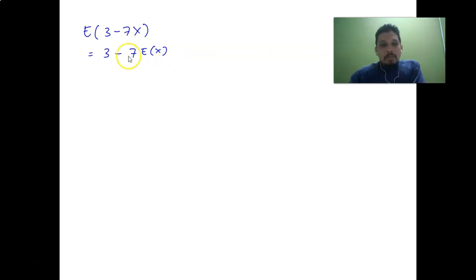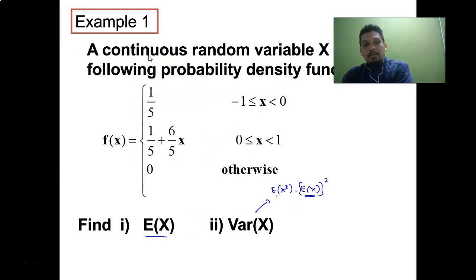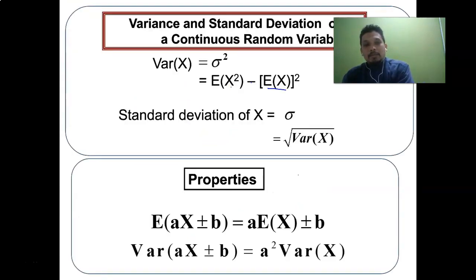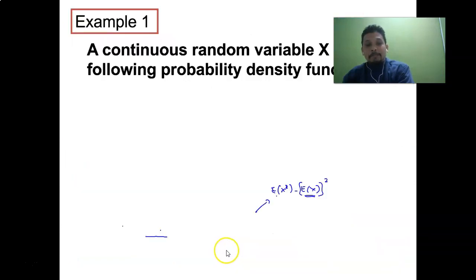Refer to the formula: expected of ax plus b equals b plus a times the expected of x. For variance, we take the constant with the variance of x, a squared.